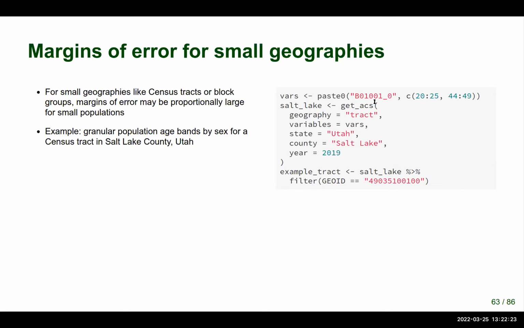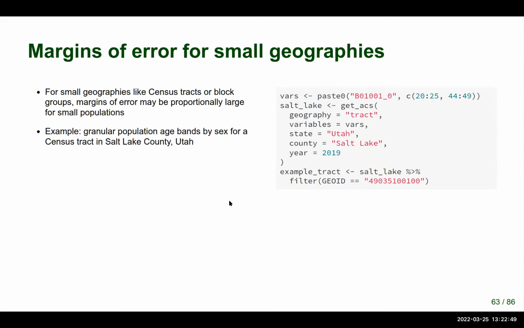I'm pulling down data from the detailed tables on age bands by sex, granular age bands by sex. So sometimes there are 2-year age bands, sometimes 5-year, for a specific census tract that I'm calling example_tract in Salt Lake County, Utah. So if you run this code, again, this tract is not meaningful in any particular way. It's used for purposes of illustration.